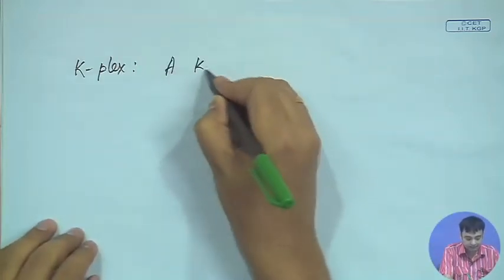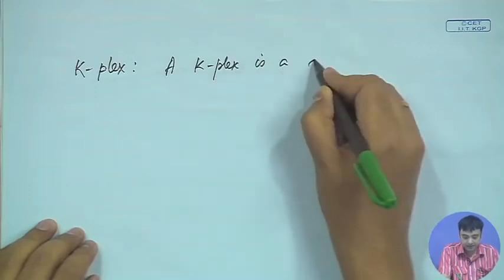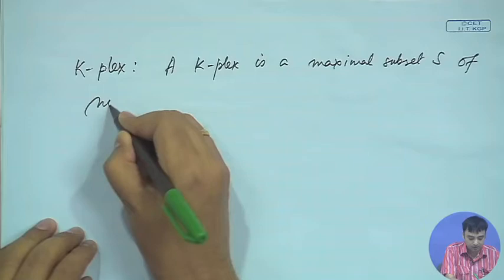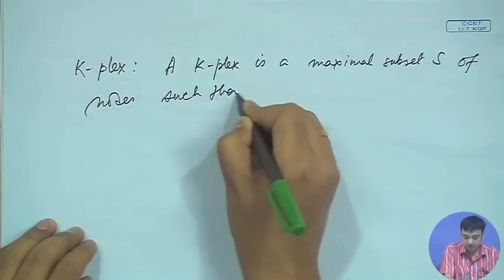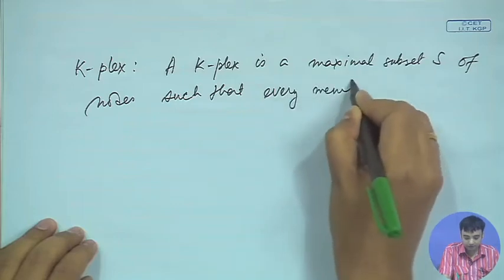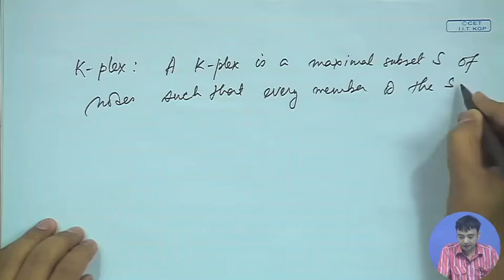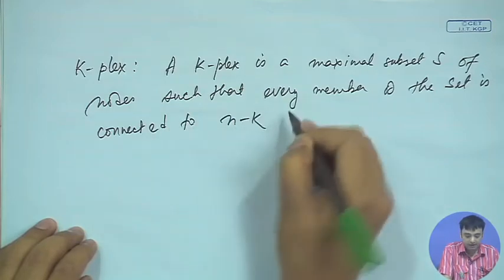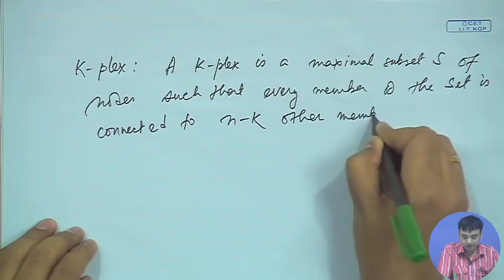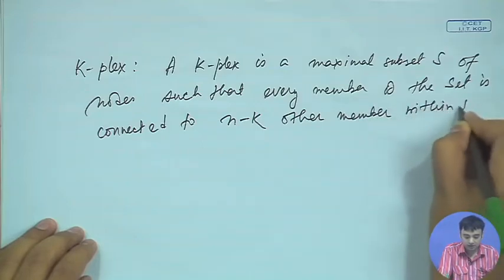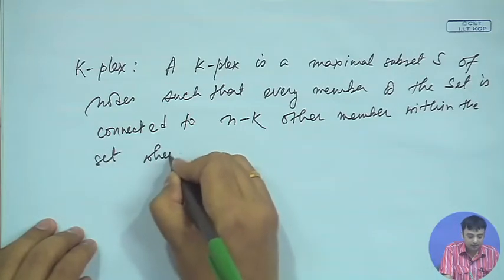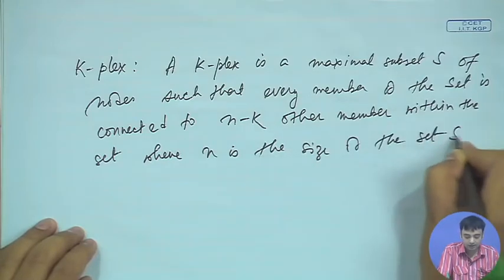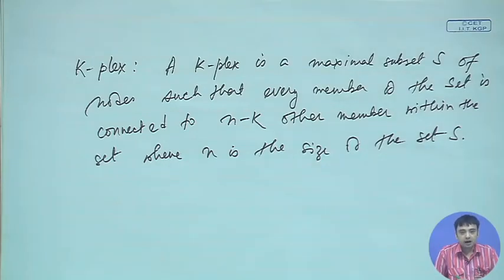A K-plex is again a maximal subset S of nodes such that every member of the set is connected to n minus k other members within the set, where n is the size of the set S. Basically, this is a degree based notion.